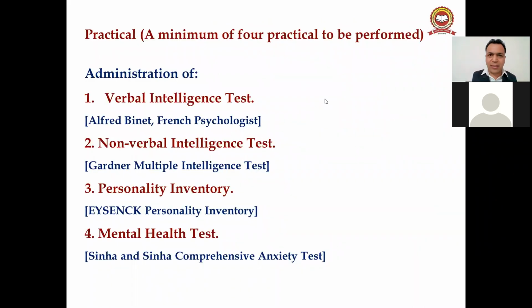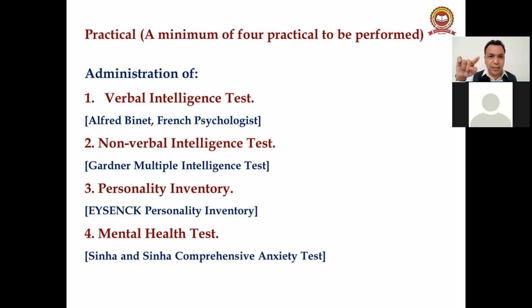So in our syllabus, there are 4 tests: verbal intelligence test, non-verbal intelligence test, personality inventory, and mental health test. Right, guys? You have already performed them, and today we are doing the revision. For the verbal intelligence test, which tool, which instrument have we used? We have used the Stanford-Alfred-Binet test, the Binet test.